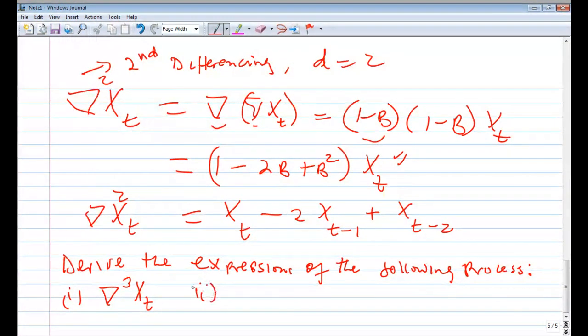Number 2, this one is the fourth difference.